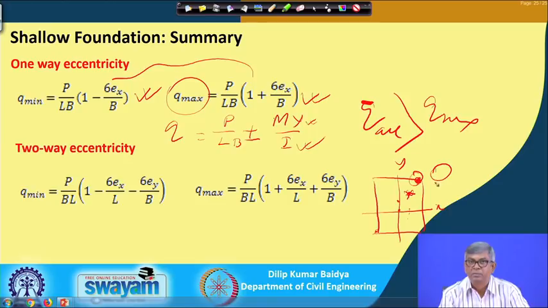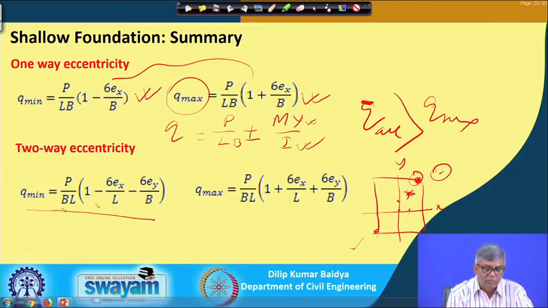This point's pressure will be maximum, whereas here, because of compression positive, and because of the moment with respect to this axis negative and with respect to this axis again negative, it becomes very small. So, the minimum and the maximum can be obtained.